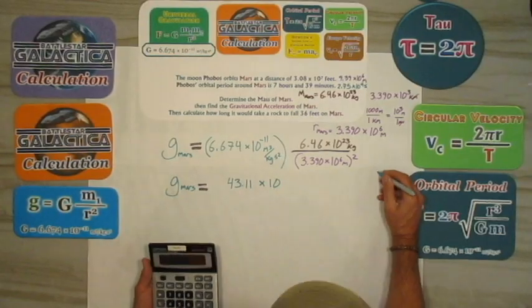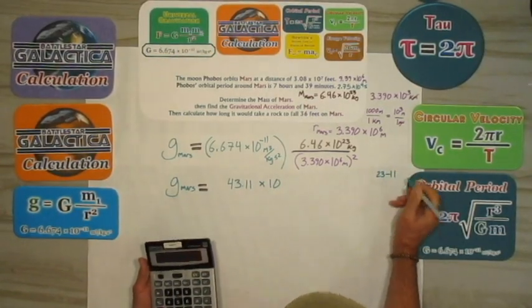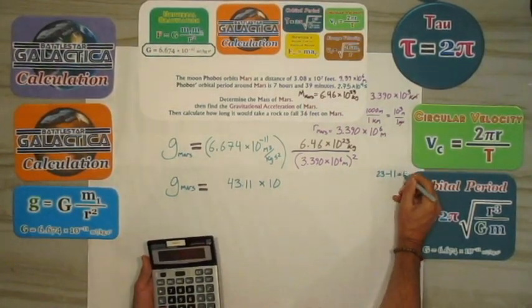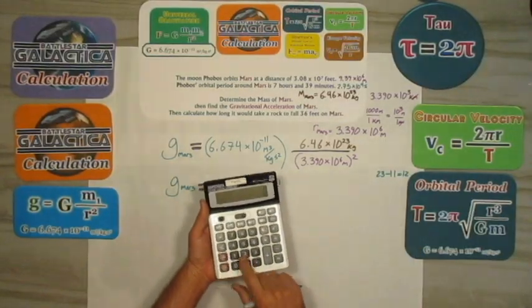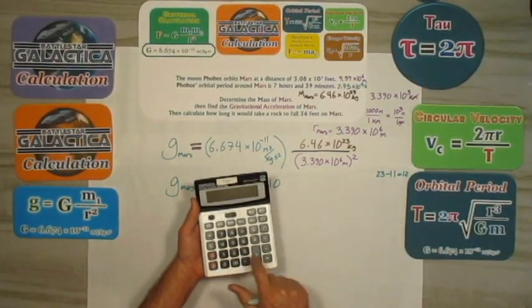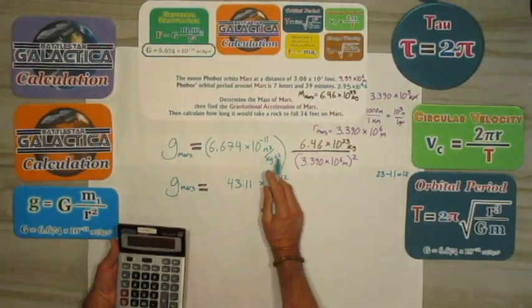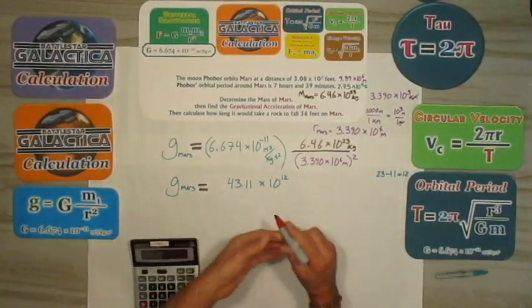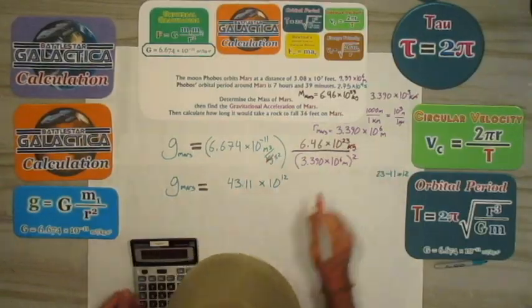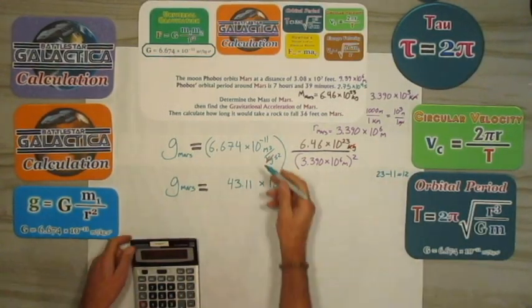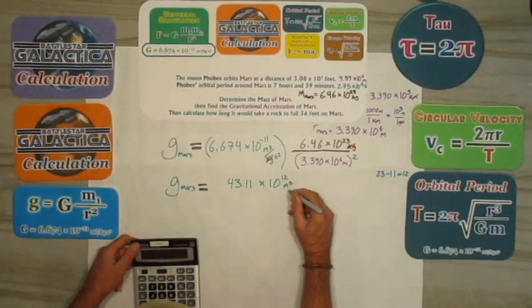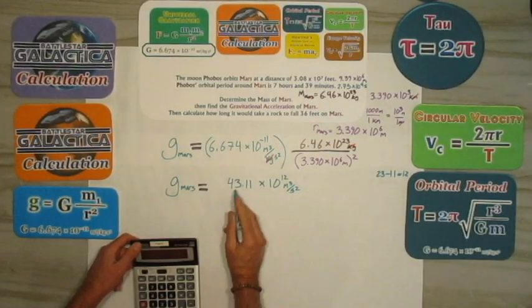That's 23 minus 11, that's 12, right? So let's just double check. 23 minus 11, of course it's 12. And then the kilograms are going to cancel here. So what we'll have is meters cubed per second squared. That's in my numerator.